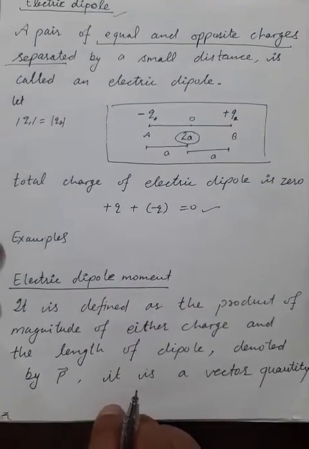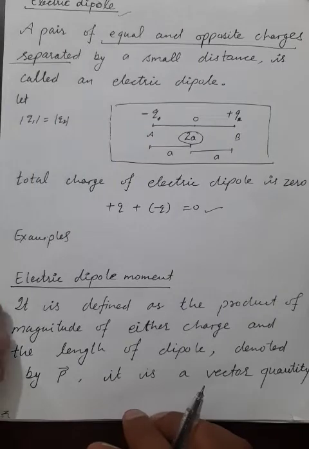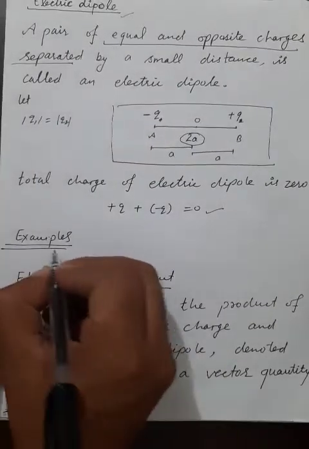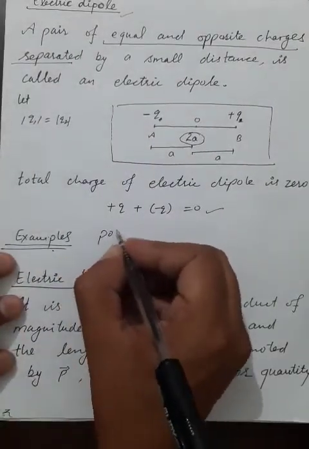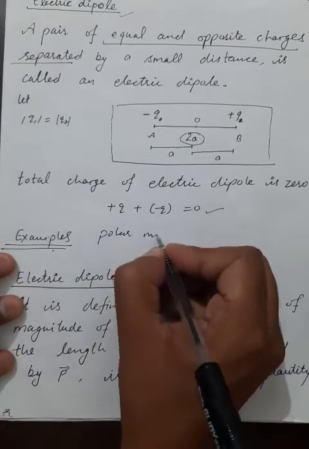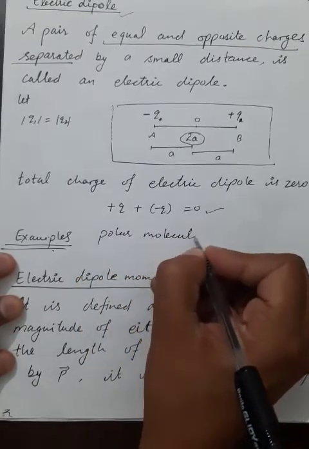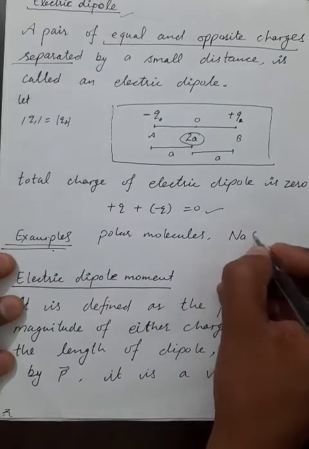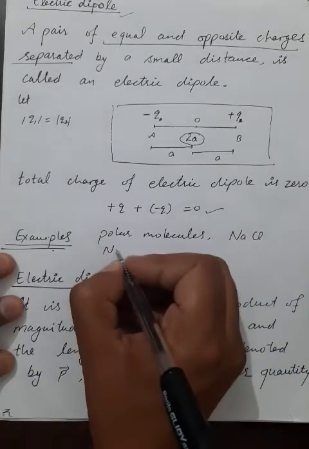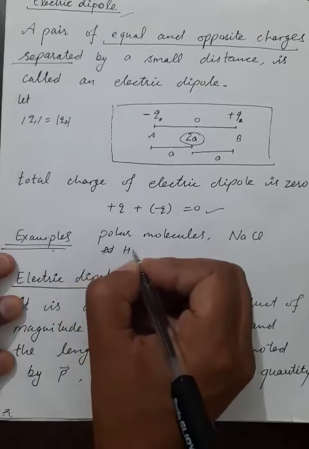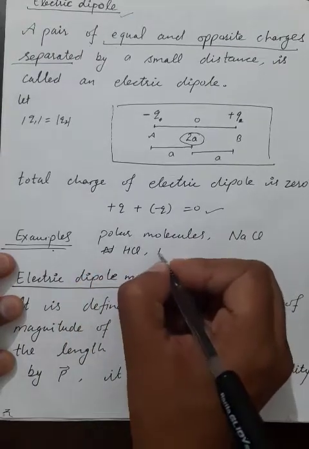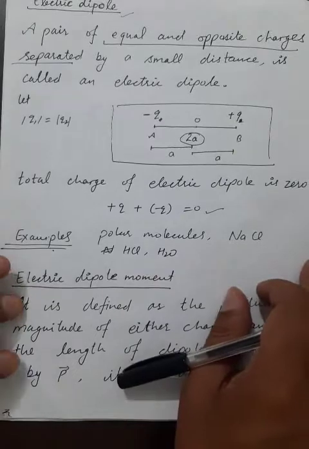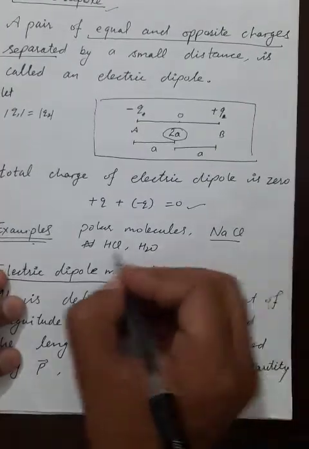Now, what are the examples of an electric dipole? Polar molecules like NaCl, HCl, or water molecules are examples of an electric dipole. How?